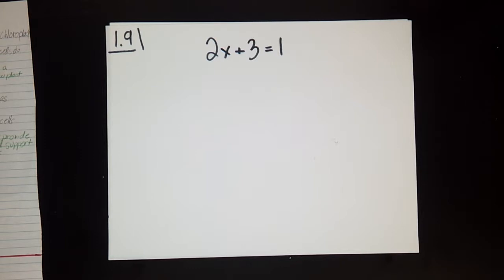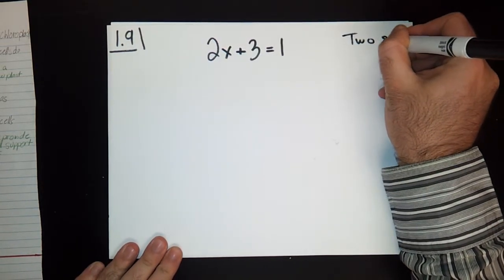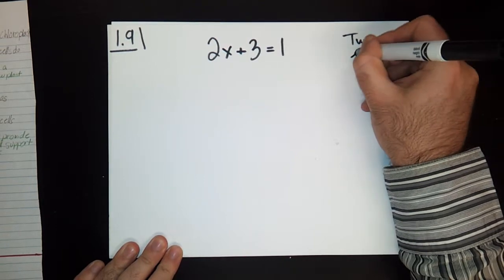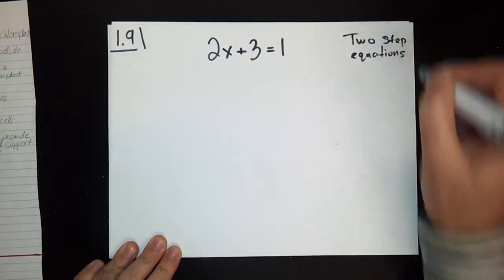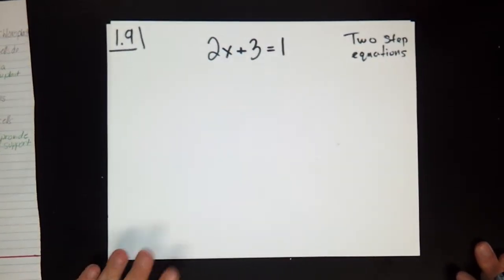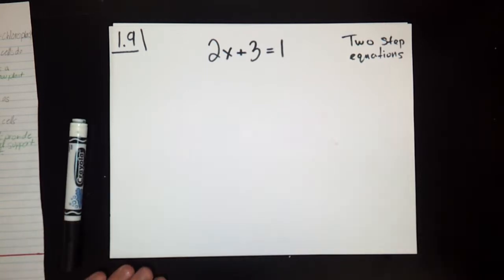In 1.9, we do two-step equations. And they're aptly named this way because it takes you 2 steps to solve equations like this. And the reason for that is because we have 2 different operations that take place within the equations found in 1.9.